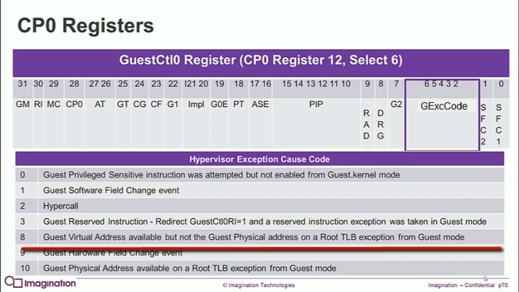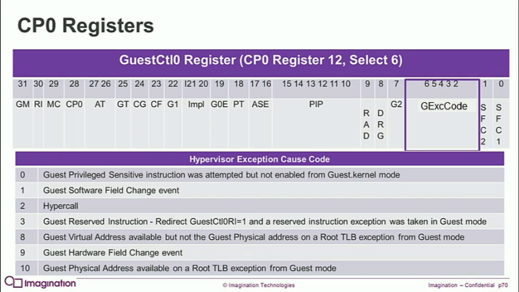The handler would then use the guest physical address as the virtual address in finding the entry in the root TLB. For this example, it can then set the entry's dirty bit. Note, MIPS core implementations use this method because it preserves the micro TLB entry and avoids a load miss for future loads.